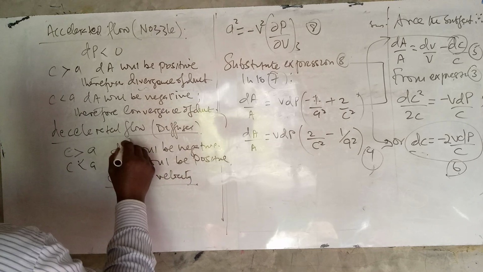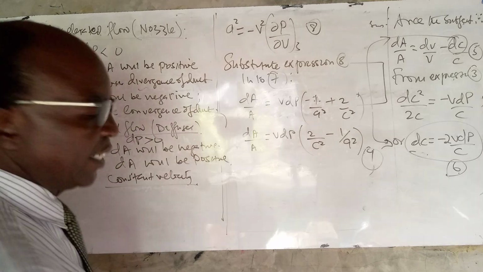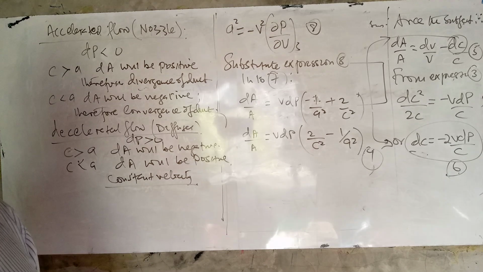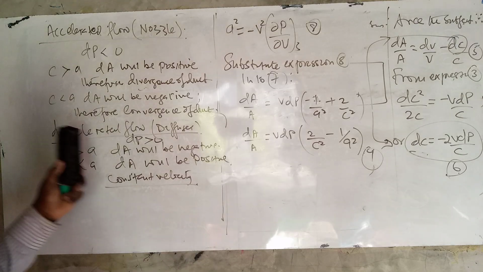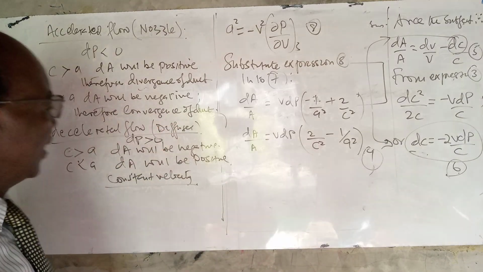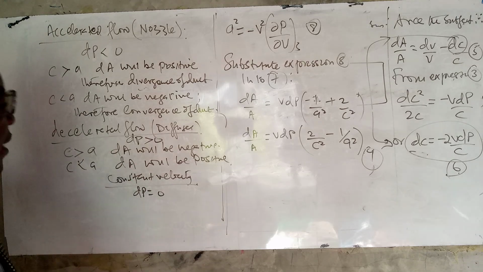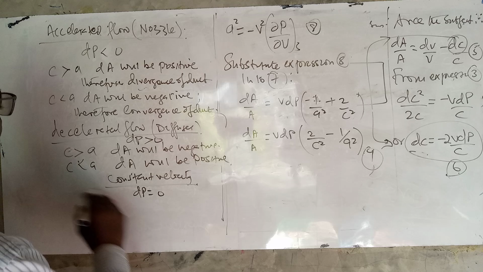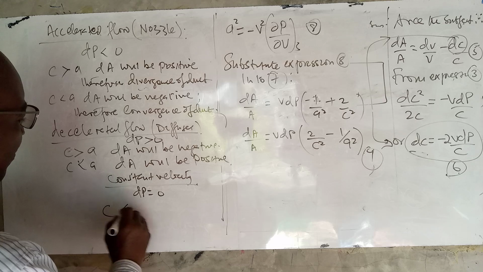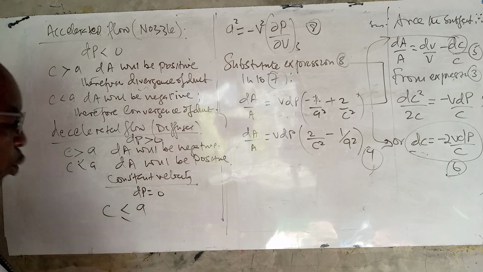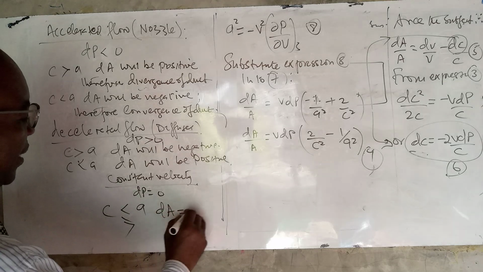Remember, for decelerated flow the pressure increases, dP is greater than 0. In the case of the nozzle, the pressure drops. In the case of the diffuser, the pressure increases. In the case of constant velocity, dP is 0. And therefore, whether C is less than A, equal to A, or greater than A, dA will simply be 0.